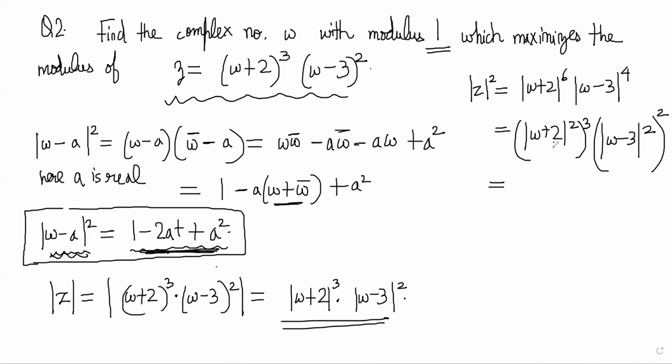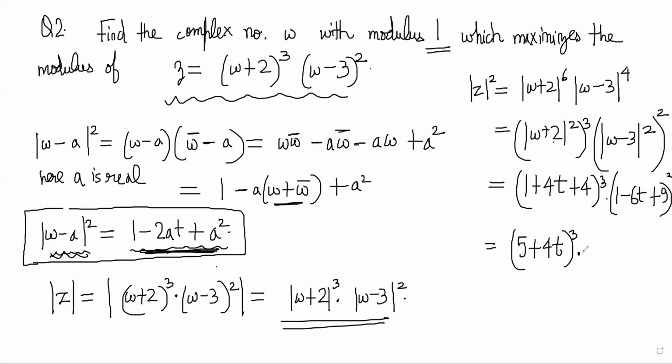So this part will become 1 minus 2, so plus 4t and plus 4 whole cube. And in this part a is 3. So this becomes 1 minus 6t plus 9 whole square, right? So we are getting 5 plus 4t whole cube times 10 minus 6t whole square. That is mod z square, right? Where t is the real part of w.